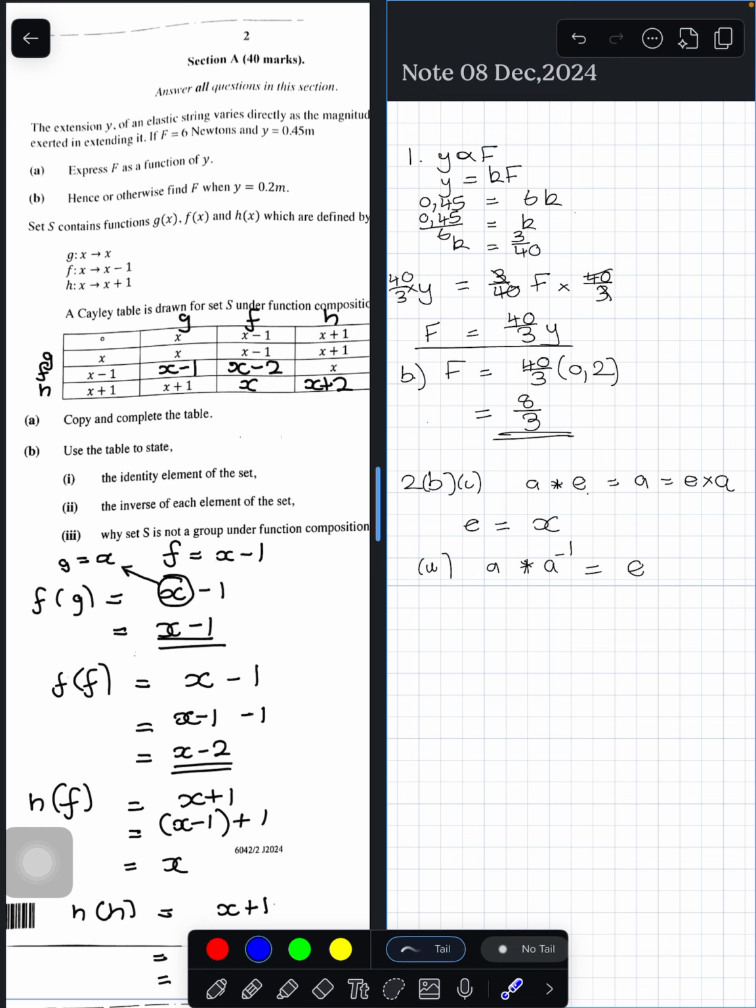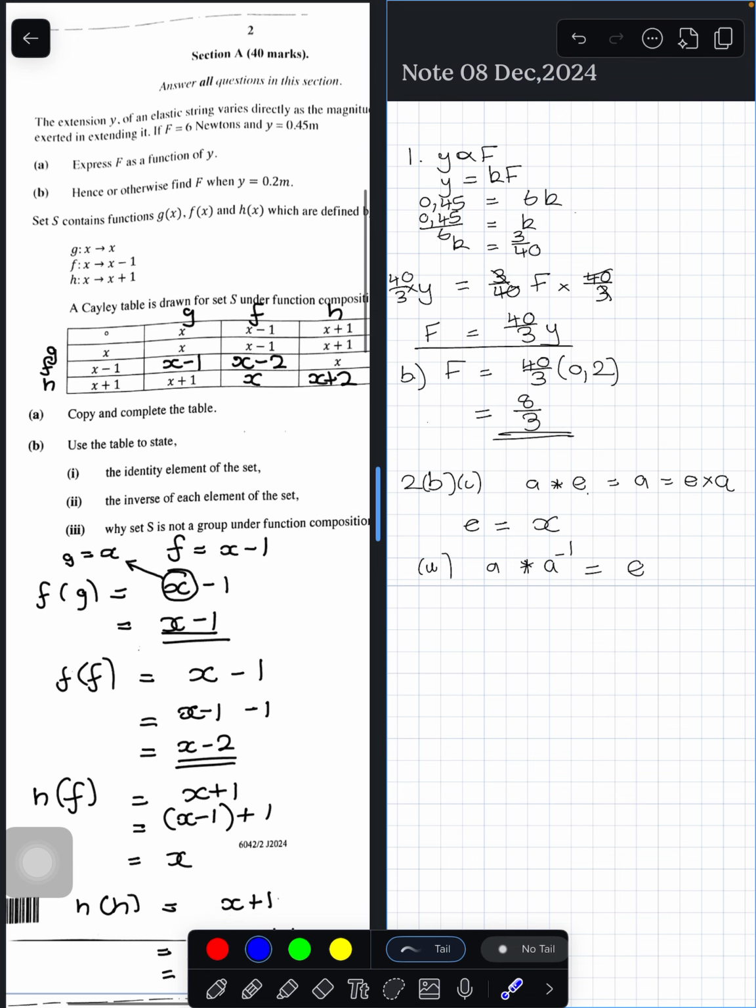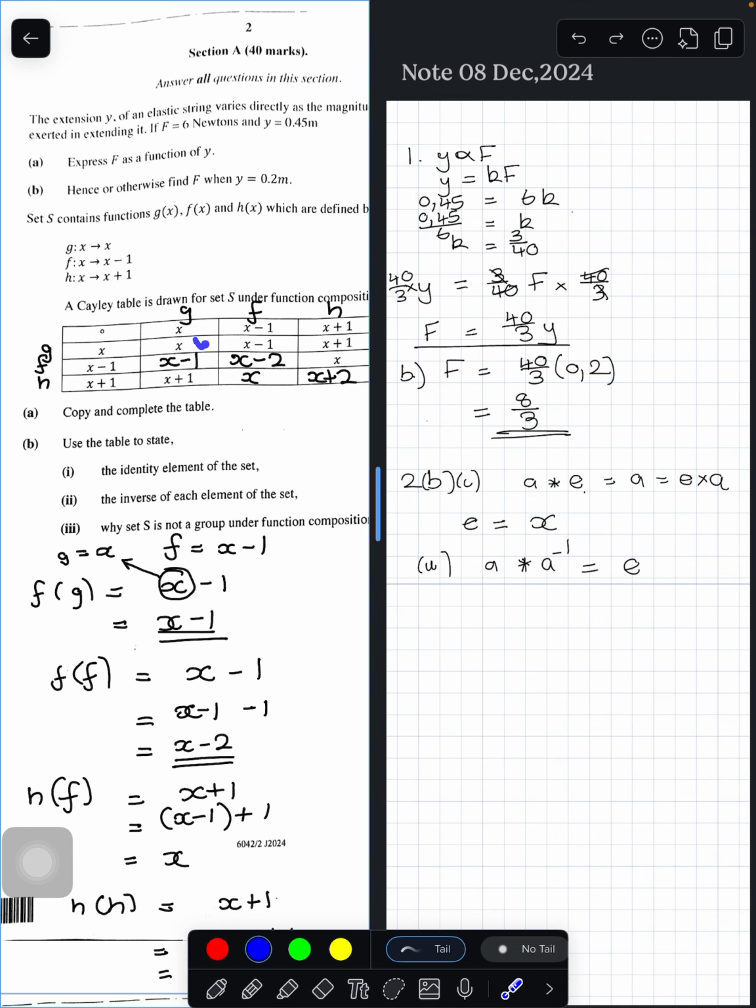Let's go to the first row. For the first row, the identity element is x. We're saying that if this x operates with that x, we get an x. So the inverse of x is x.